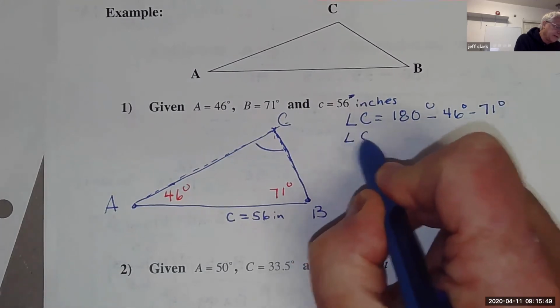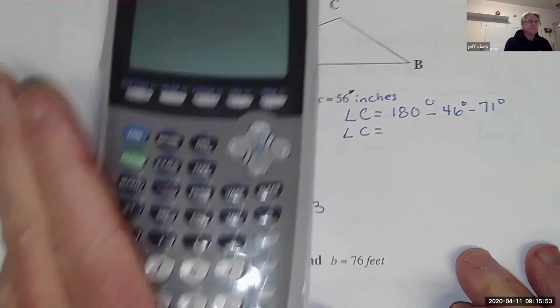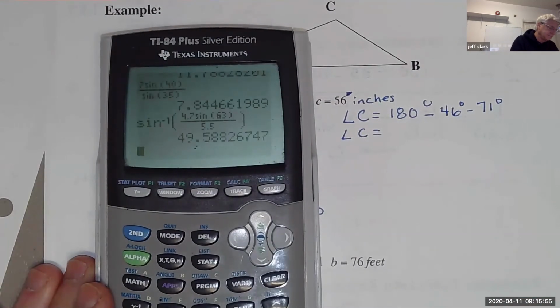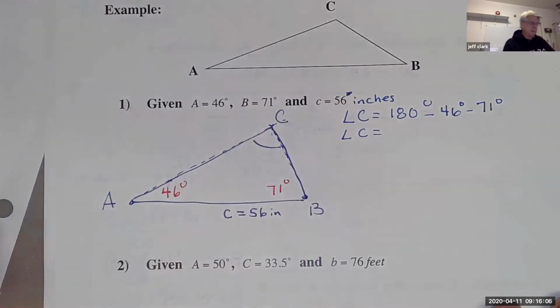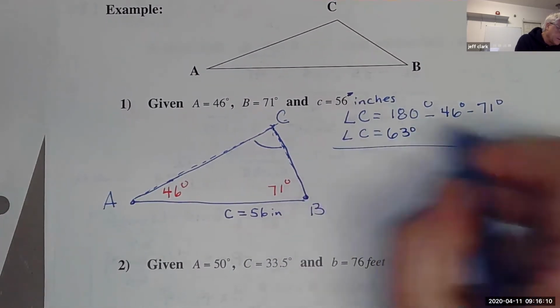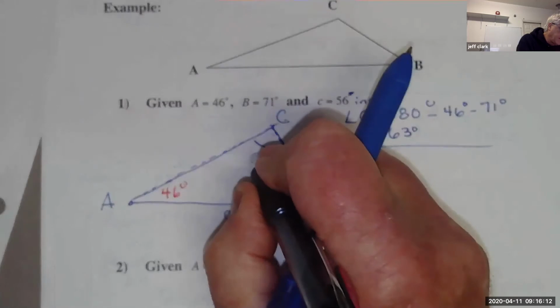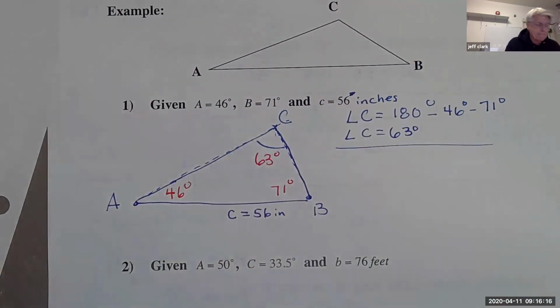So angle C, whatever the leftover is, subtract 46 and subtract 71. The leftover is 63. So this right here would be 63 degrees. So they all add up to be 180, and we took care of that.